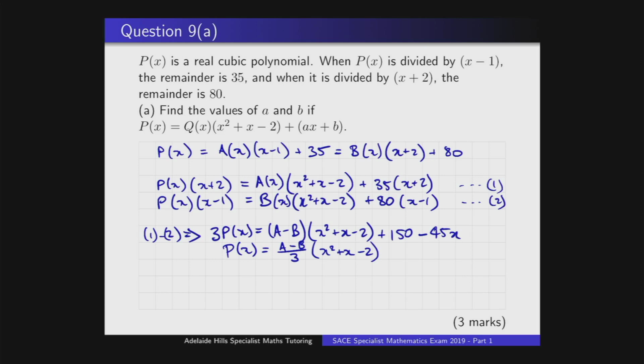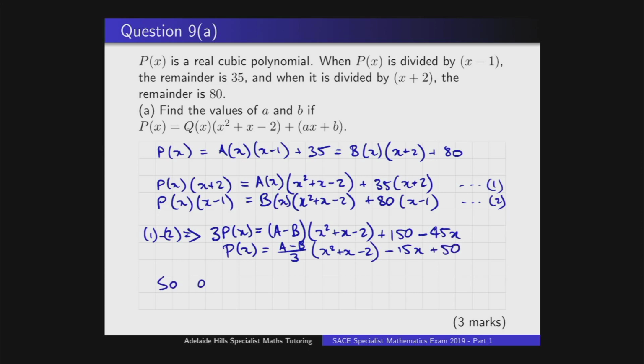If we swap these around so they're in the same order as what was given in the question, 45 divided by 3 is 15, and 150 divided by 3 is 50.